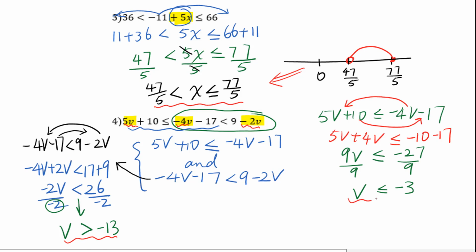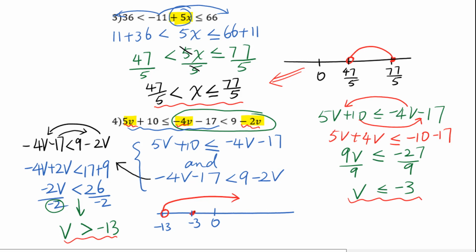Then we need to put these two solutions onto one number line so that we can figure out the solution to this compound inequality. This is 0. This is negative 13. This is negative 3. So v greater than negative 13, open parenthesis, greater than means go to the right. v less than or equal to negative 3, closed circle.